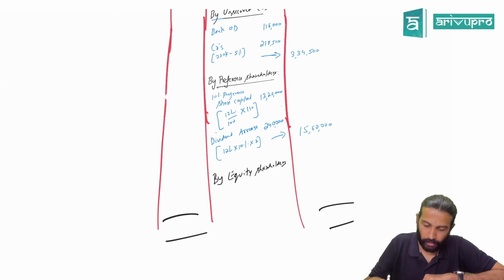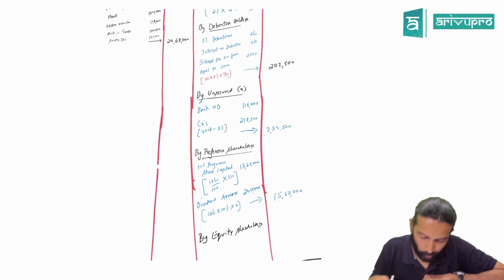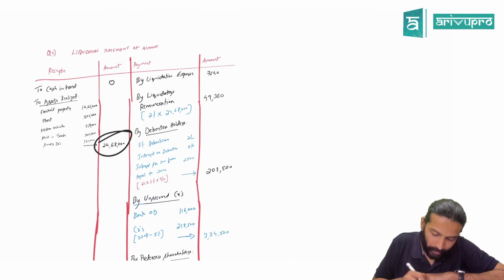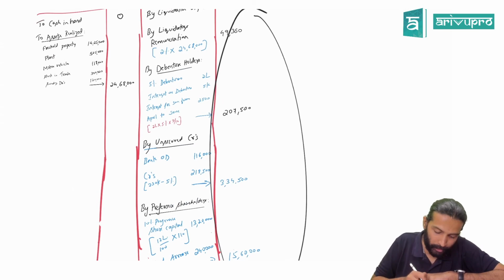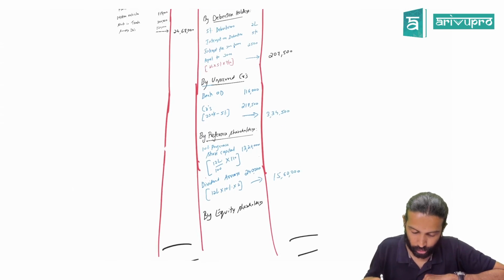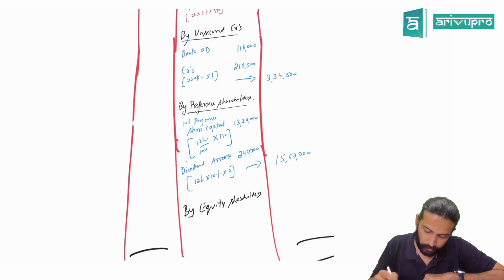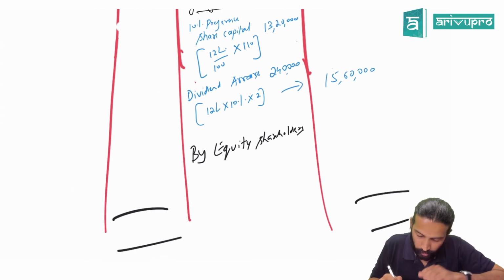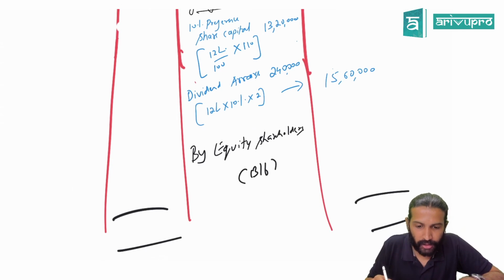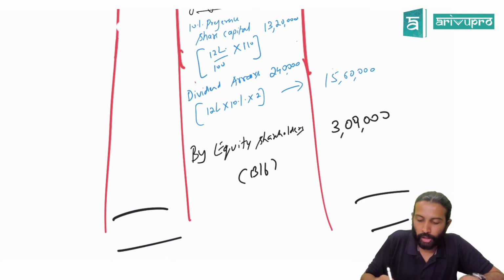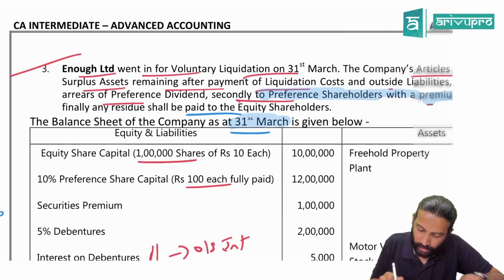Give the total. This side total is 24,68,000. 24,68,000 minus all the payments you subtract. Do we have any balance? You just check. This is basically arrived as balancing figure. Balancing figure, they are saying it is 3,09,000. But sir, equity shareholders ka share capital is 10 lakh.